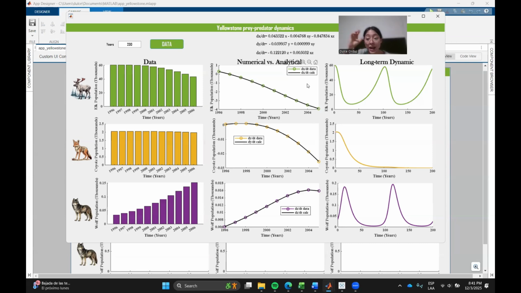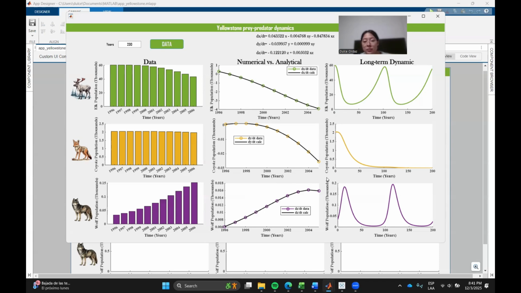Then we obtain the A vector. Each one was extracted: A1, A2, A3, B1, B2, and C1, C2. Then these values were put in here, so these equations were modeled and we obtained these black lines.